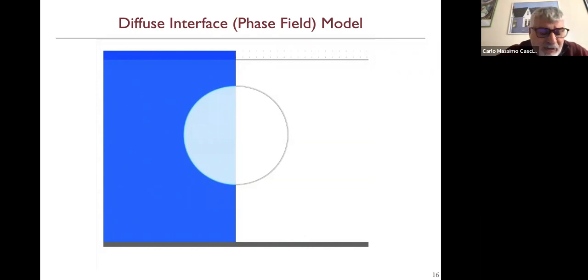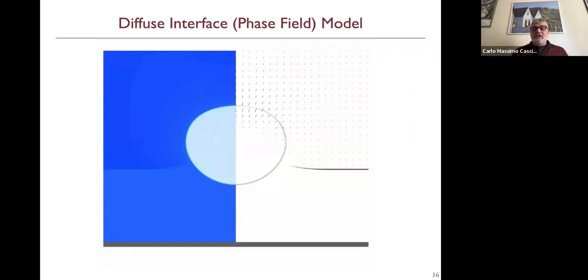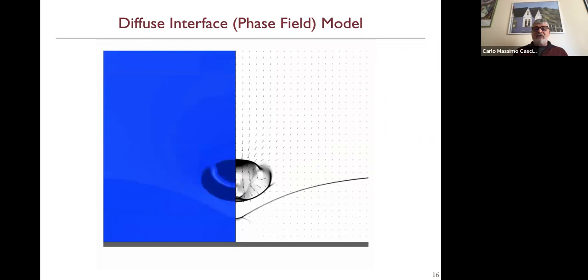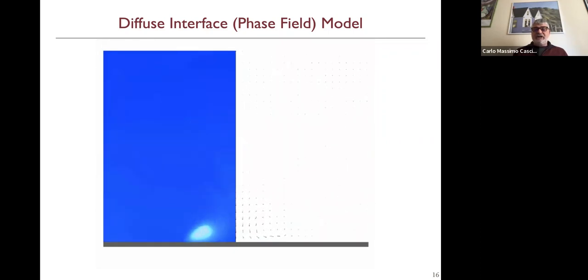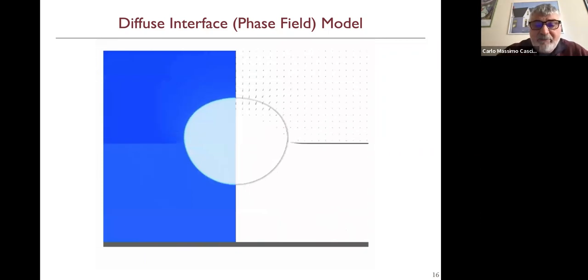The collapse of this bubble is triggered by an incoming pressure wave, which is the black horizontal curve on top. Now let me animate the movie and see what happens. The pressure wave goes down, the collapse of the bubble is triggered, and then something very complicated happens.